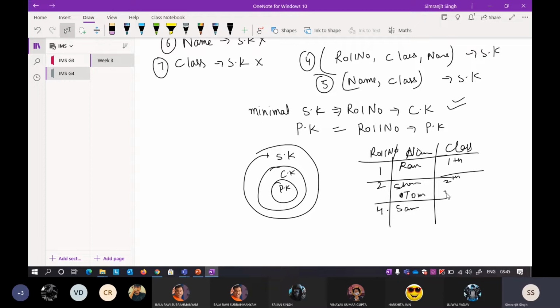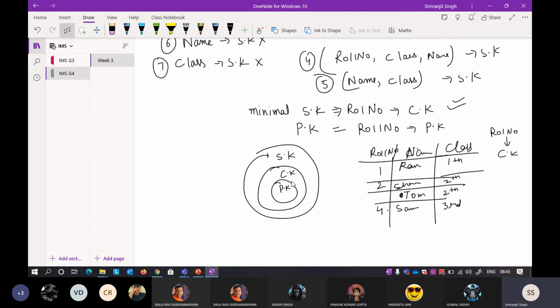If you're seeing here, there is a null entry in the roll number part. So that particular roll number can be termed as a candidate key, but not as a primary key, because a primary key should not contain any kind of null entry. Roll number is containing a null entry, so this cannot be referred to as a primary key.